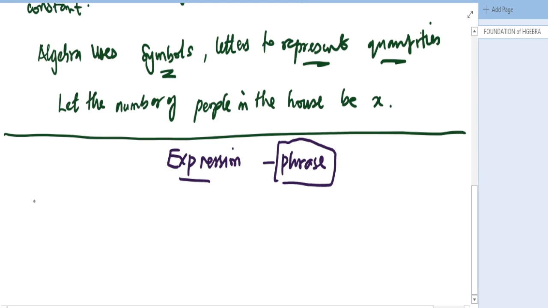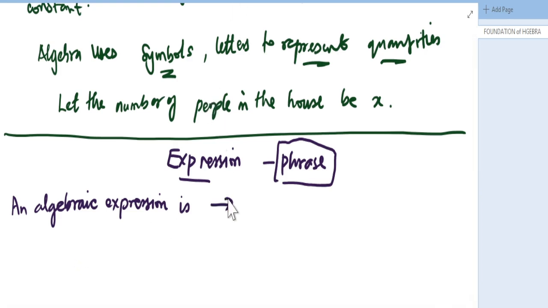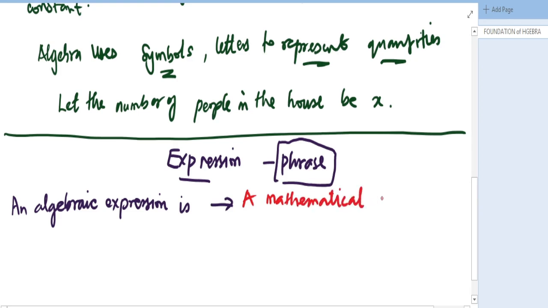So an algebraic expression, what is it? An algebraic expression is going to be, you just said it, a mathematical phrase.